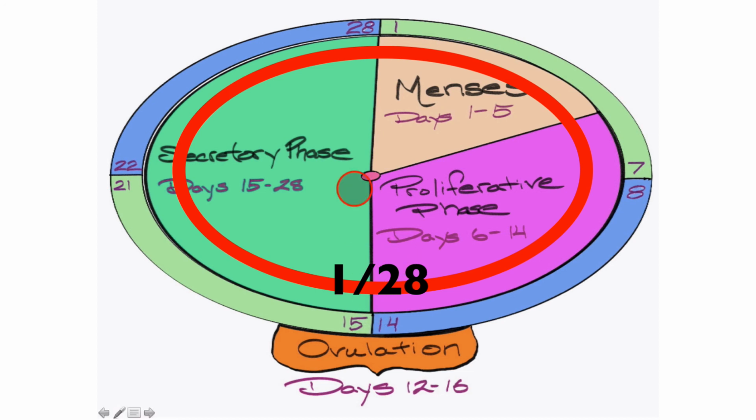But the whole idea here is that ovulation occurs roughly 14 days after the beginning of menses. The other way of saying it, ovulation occurs right at the halfway point of the uterine cycle. Keep in mind, the ovarian cycle and the uterine cycle are two separate and distinct cycles.